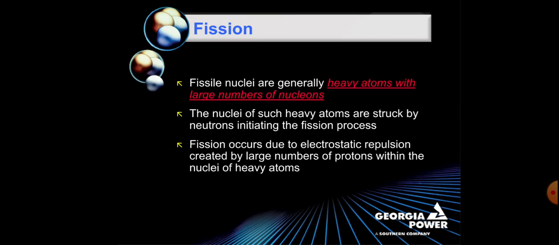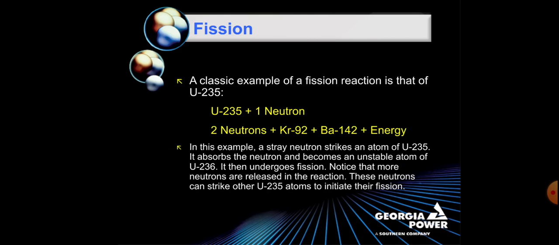Basically the reason for fission is the electrostatic repulsion created by the large number of protons within the nucleus. If we consider an example for fission, uranium-235 is the best example.